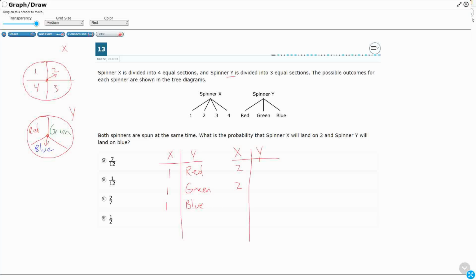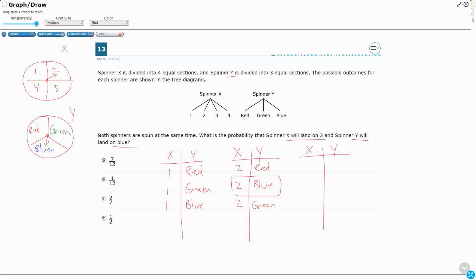Because that's really what I'm looking for. I can have a 2 red, a 2 blue, which is the one I'm looking for, right? X on 2, Y on blue. And then I could have a 2 on green.